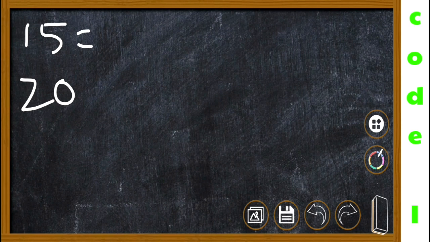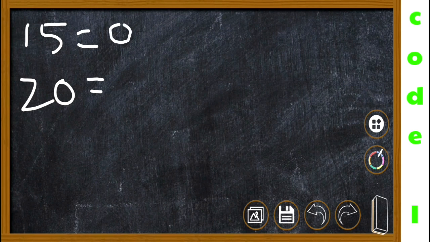So let's take numbers 15 and 20, and since we will be manipulating bits, we have to represent these two integers in binary representation. So how do we represent 15 in binary?